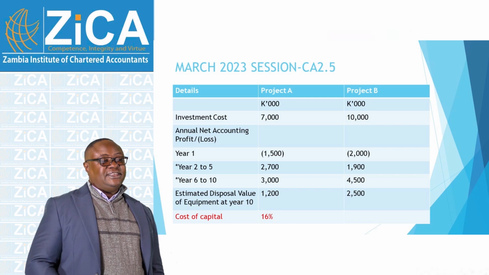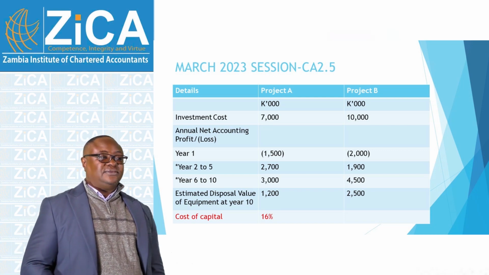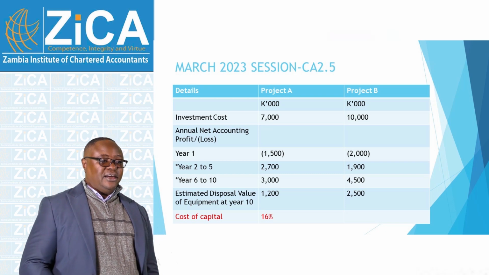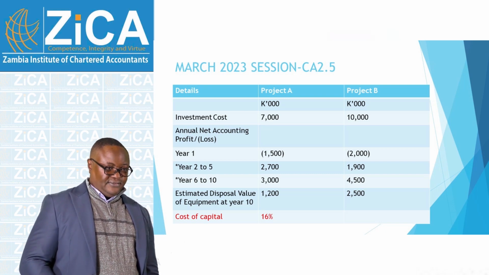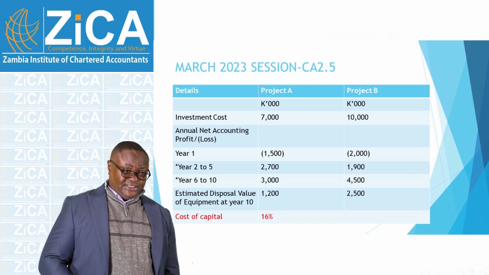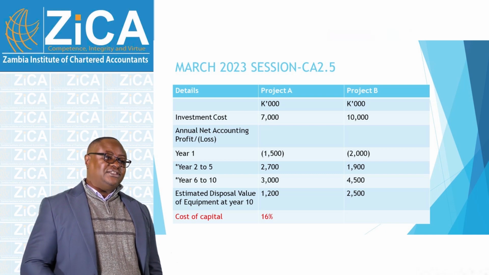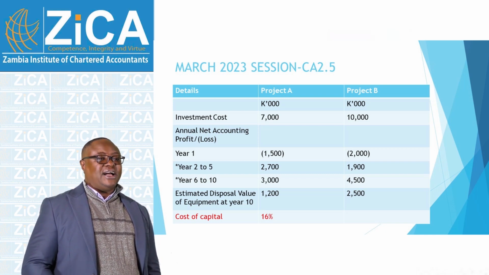There was the first year, then there were those annuities from year 2 to year 5, and also year 6 to year 10. Annuities, basically, this is a constant cash flow that occurs over a specified period of time.